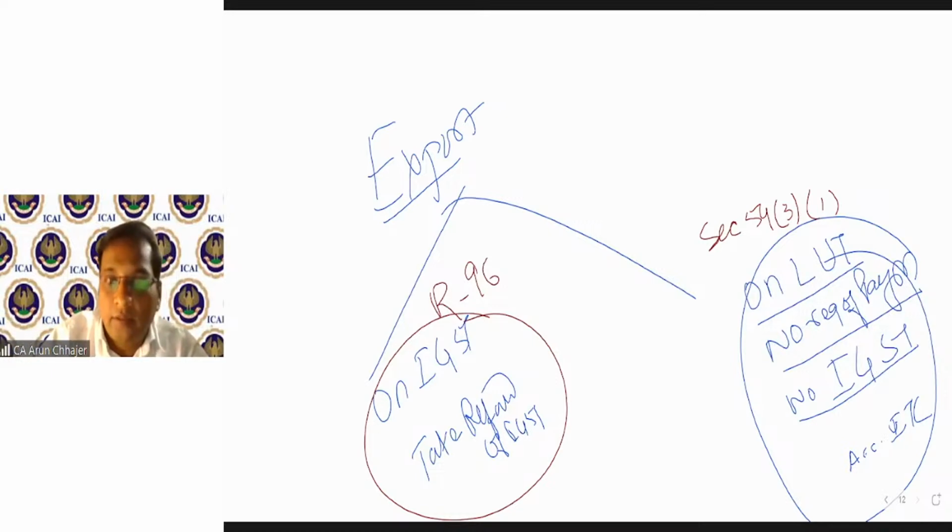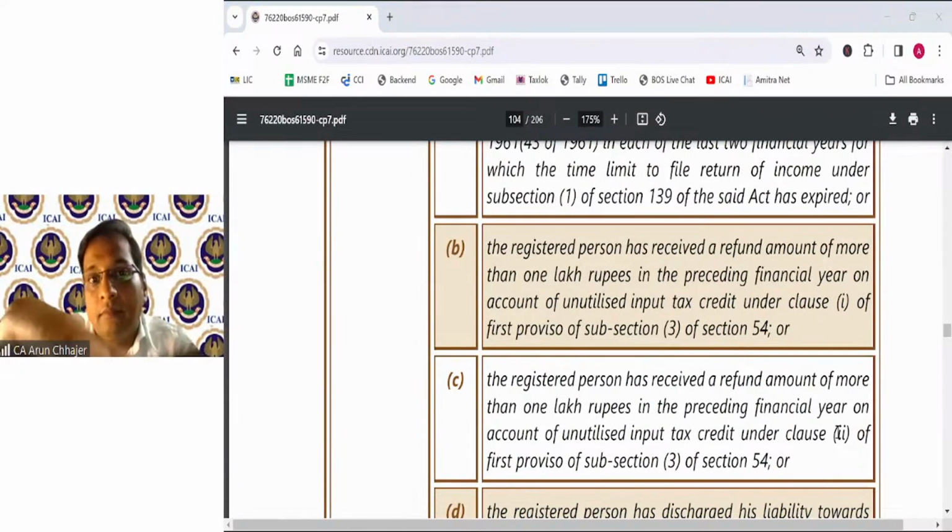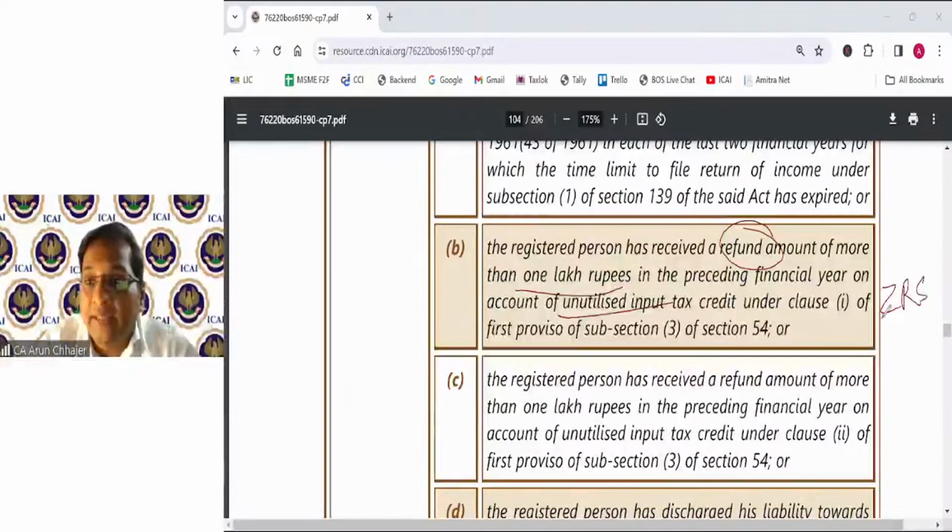A proviso to rule 86B says, if you have taken a refund of more than 1 lakh in the preceding financial year on account of unutilized ITC, it means you are making zero rated supplies under LUT, without IGST. If you are not paying the tax, then which refund would be allowed?